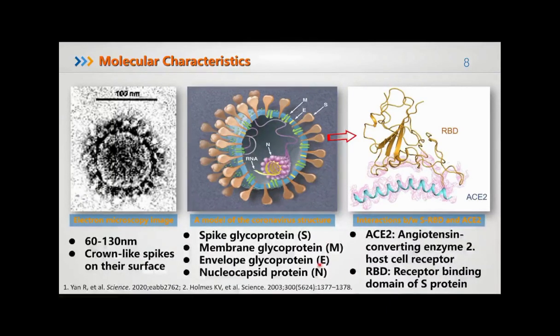2019 novel coronavirus was reported to share the same receptor, which is angiotensin converting enzyme 2, or called ACE2, with SARS coronavirus, by using the receptor binding domain of the surface spike glycoprotein S protein to engage ACE2.